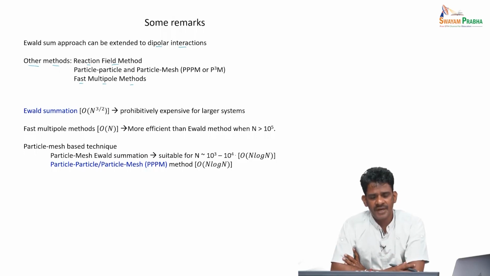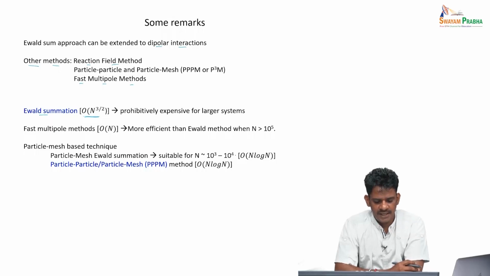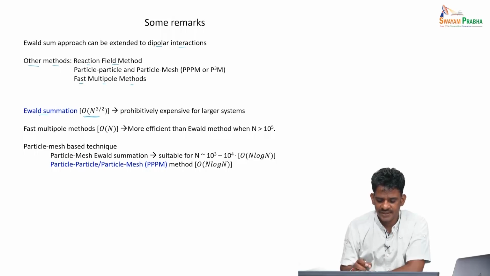Just to give a comparison, the Ewald summation operation has a scaling of N^(3/2), and because of this N^(3/2) order, for large system size, it becomes computationally quite expensive.